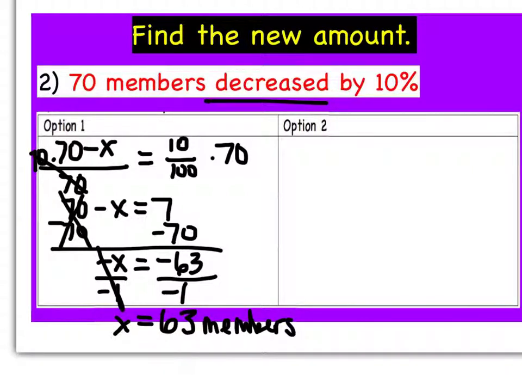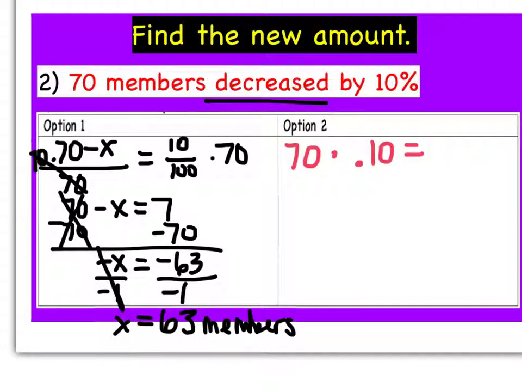Now let's look at option number 2. Same thing as what we did before, except for now it's decreased. So we have our 70 times our 10%. I'm going to go ahead and use it as a decimal this time. So basically we're asking ourselves, what is 10% of 70? And of, remember, means multiply.